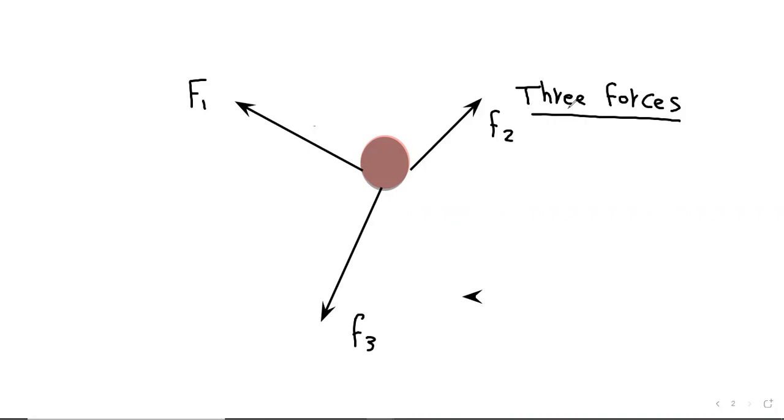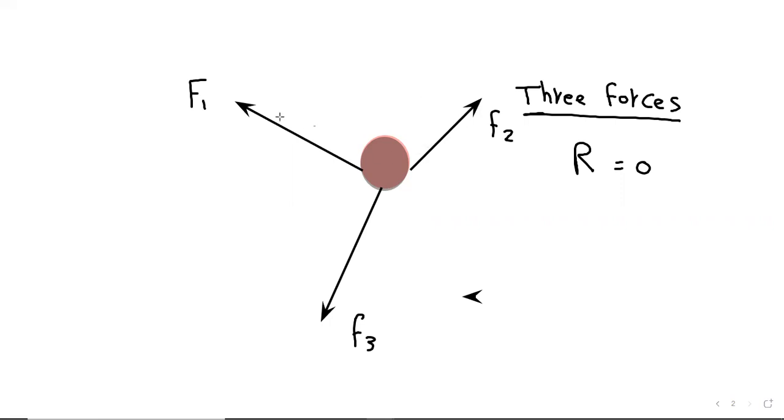Because the three forces which are acting on this body are in equilibrium, equilibrium means the resultant force of the three forces equals 0. That means the resultant force of F1 and F2 equals F3 in magnitude and is in the opposite direction.